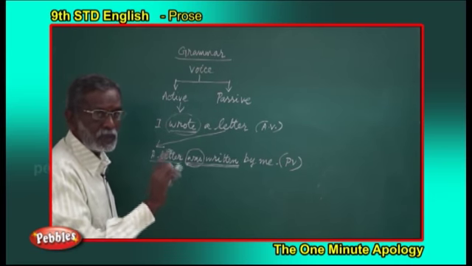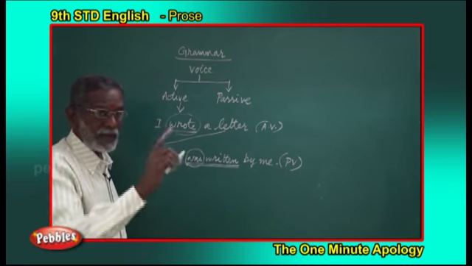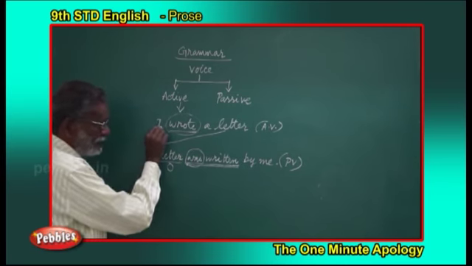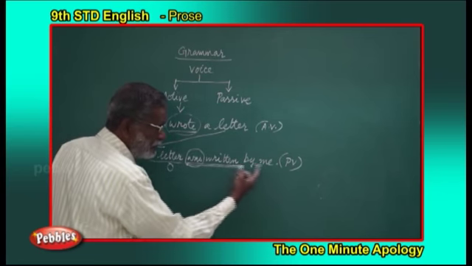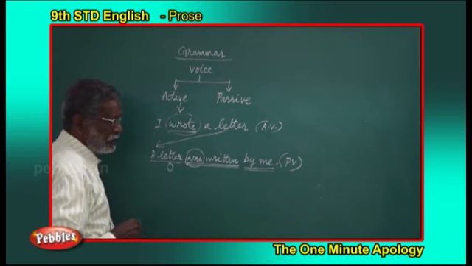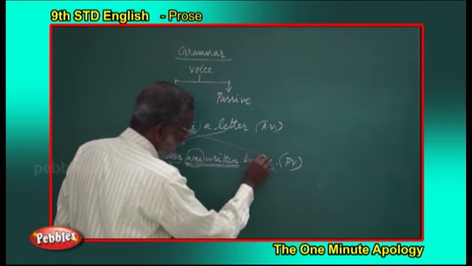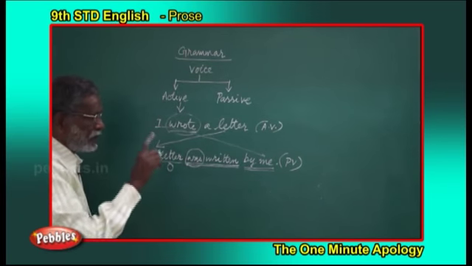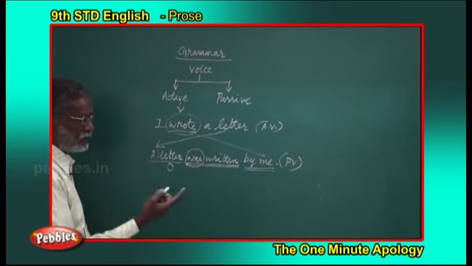If the subject is plural, we will be using were. Okay? And at the end, the I is transformed into by me. By me. So it is changed into a pronoun. Okay? This is how we change active voice into passive voice.